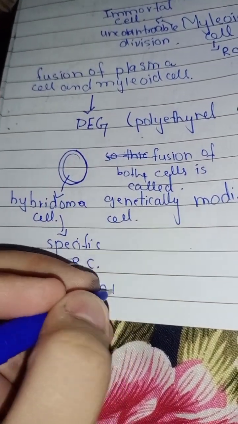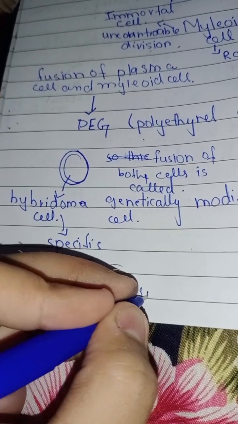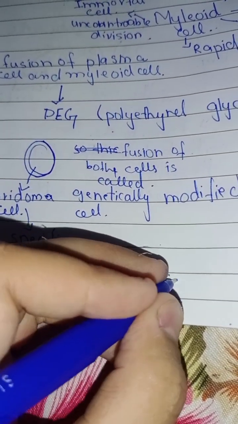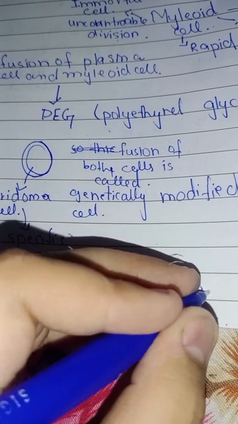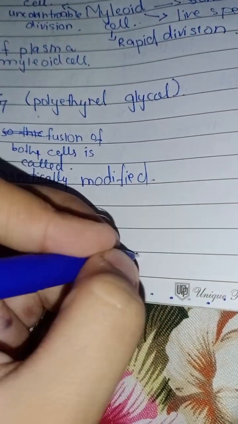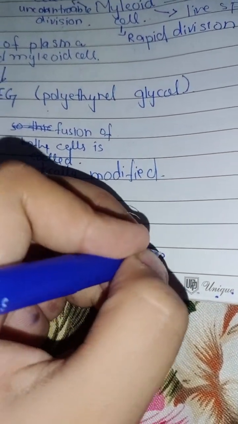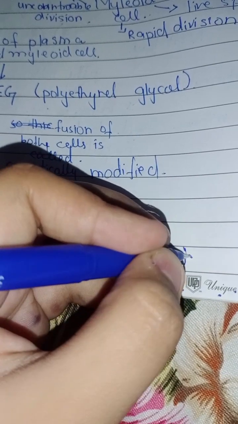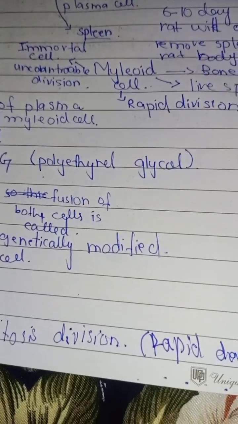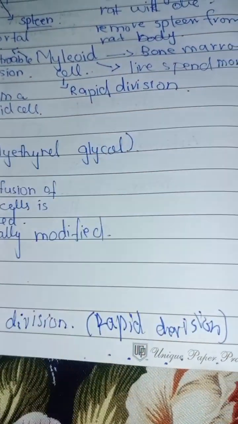Right here, mitosis division. And this is the rapid division. Okay, sorry for the bad writing. Rapid division. Now let me move to another page.